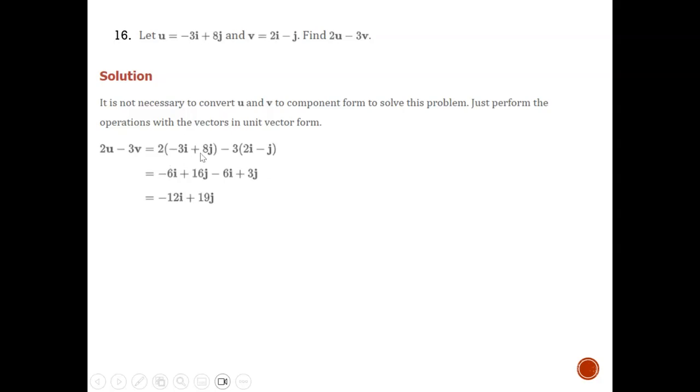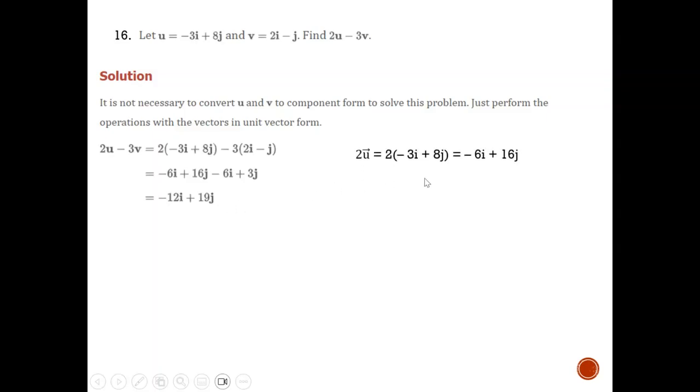So it'll be 2 times negative 3i plus 8j minus 3 times vector v, which is 2i minus j. Then you distribute, so it'll be negative 6i plus 16j minus 6i plus 3j. We combine the i's, so negative 6i minus 6i gives us negative 12i, and 16j plus 3j gives us positive 19j.